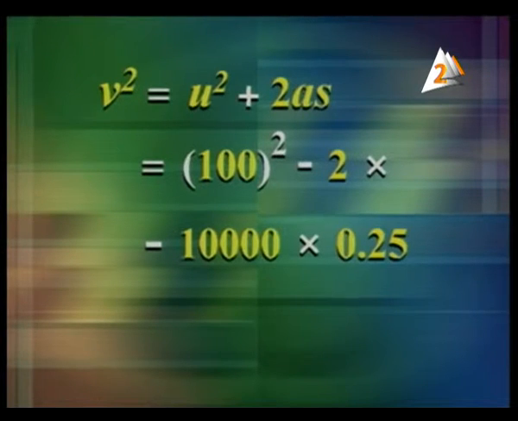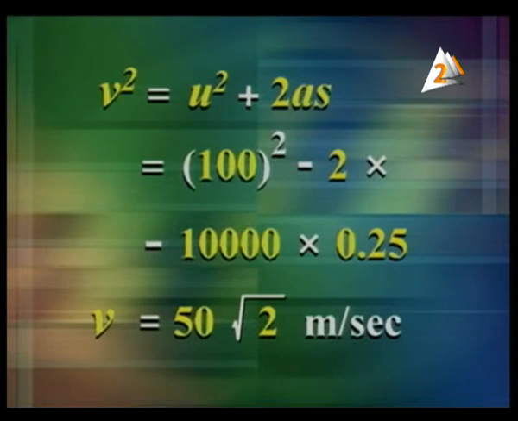But since v squared equals u squared plus 2as, therefore v squared equals 100 squared minus 2 times 10,000 times 0.25. Therefore, v equals 50 root 2 meters per second.